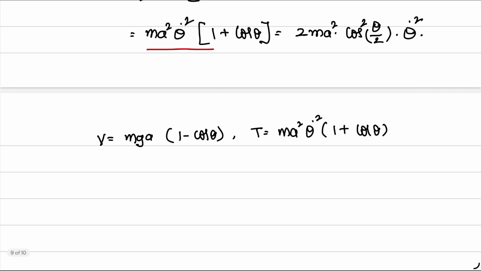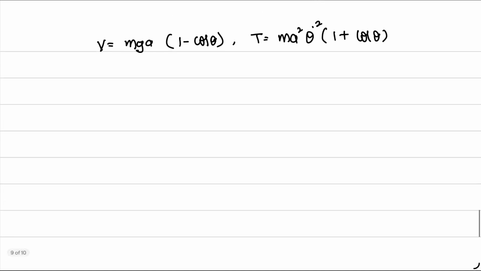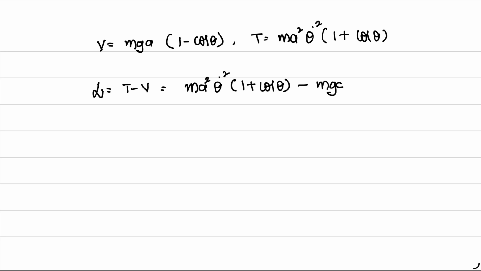This value. Now, what is the Lagrangian? L is equal to T minus V. That is ma square theta dot square into 1 plus cos theta minus mGa into 1 minus cos theta.